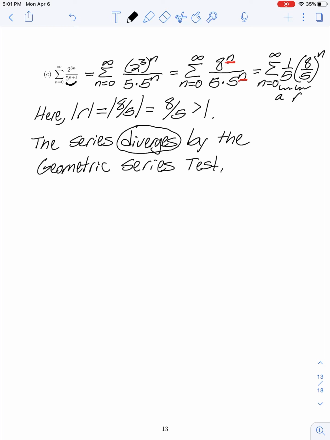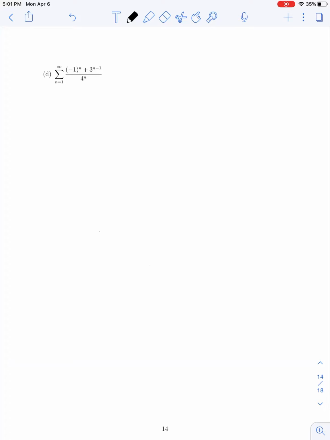So let's look at another one. In part D, we have the sum from n equals 1 to infinity of -1 to the nth plus 3 to the n minus 1 all over 4 to the nth. So we might start here by splitting the sum in this fraction.